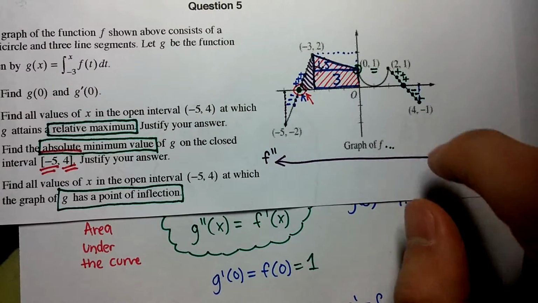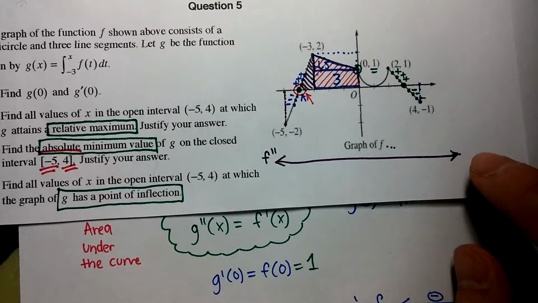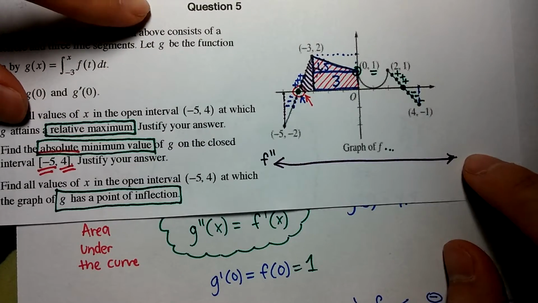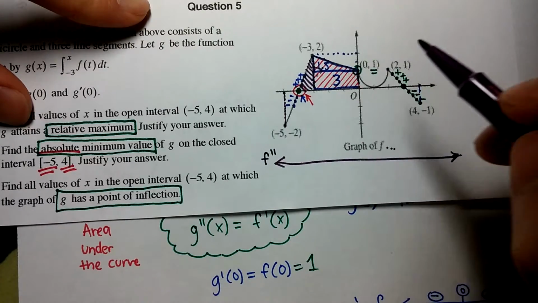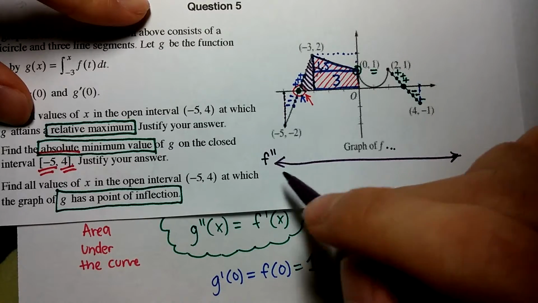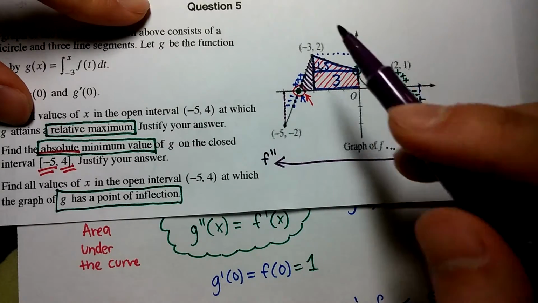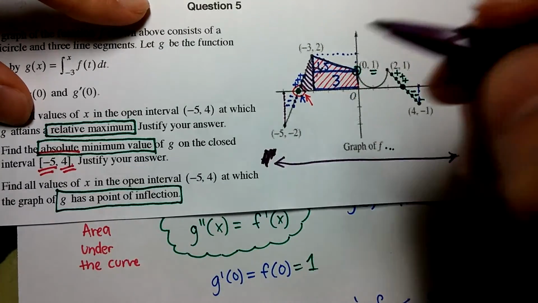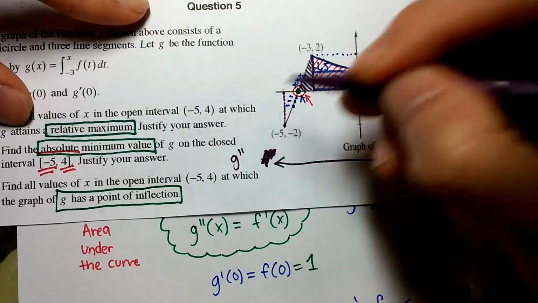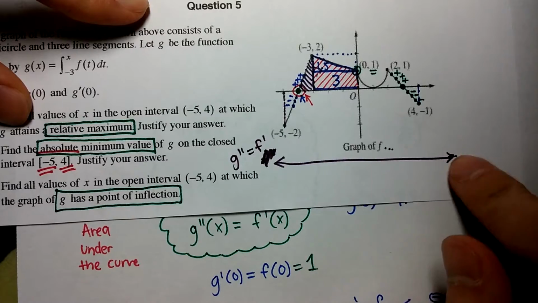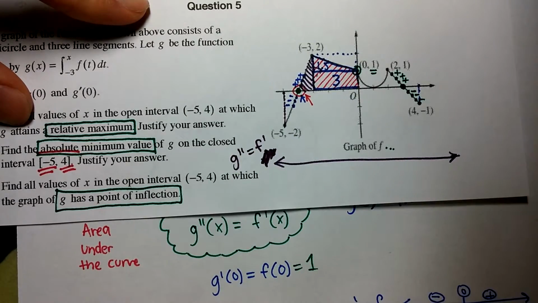Now keep in mind, when you take the derivative, you always want to frame the derivative by figuring out where you're going to have maximums and minimums, because those will translate into the zeros on f double prime. Let's not label this f double prime. We'll call this g double prime just because it's so confusing, which is equal to f prime. And that is what I want to take the second derivative test of.